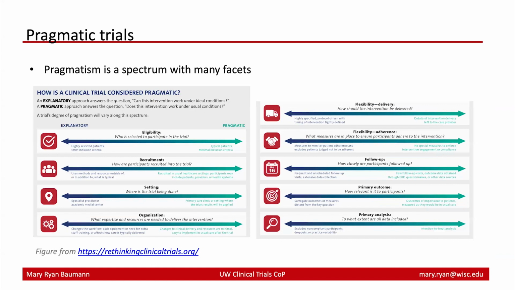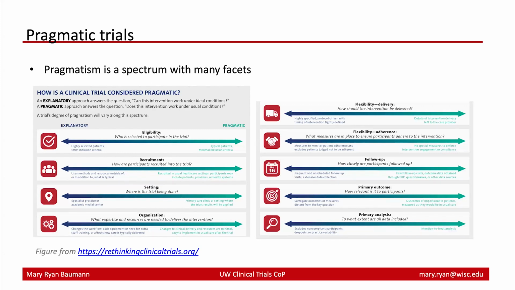And as you can imagine, there is a broad scale between very strict control and absolutely no control whatsoever. So there's a spectrum between explanatory and pragmatic. And there are also a lot of domains and facets on which you can exact control or loosen up that control. So there's really no one way to have a pragmatic trial.